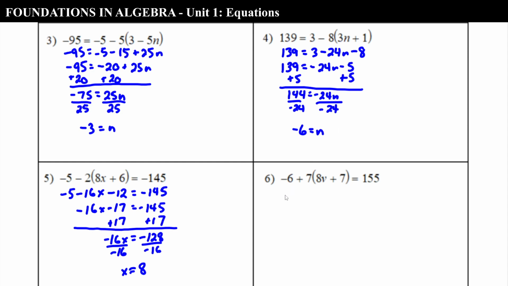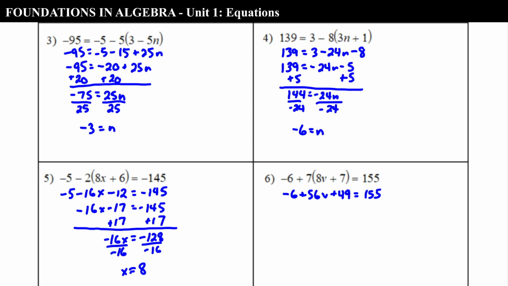For number 6, very similar to the one we just did, this negative 6 is by itself. 7 times 8 gives us 56. V. 7 times 7 gives us 49. And then 49 minus 6, that's going to give us 43. That's combining our like terms.